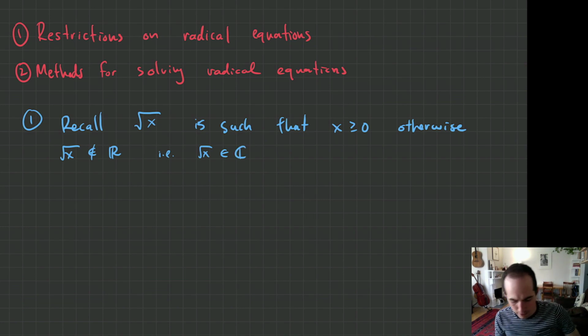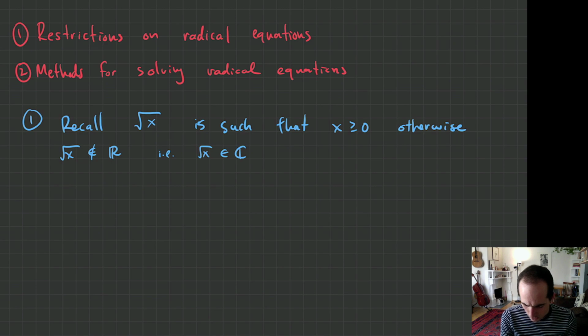In fact, the square root of x is always a complex number, but not all complex numbers are real numbers. Some of them are real numbers, some of them aren't. Kind of like how not all rational numbers are integers, but all integers are rational numbers.